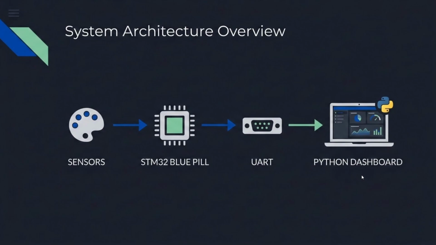The processed data is then transmitted through UART serial communication. And finally, a Python application receives this data and displays it on a graphical dashboard in real time. So the complete data flow goes like sensors, STM32 Blue Pill, UART, and the Python dashboard.